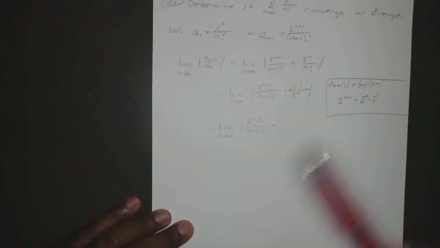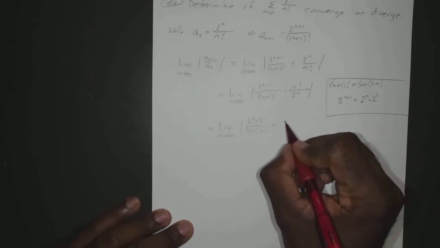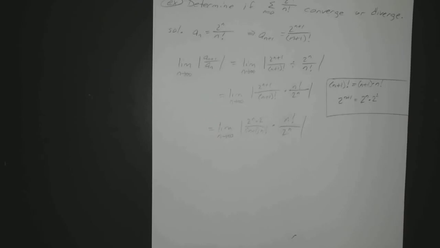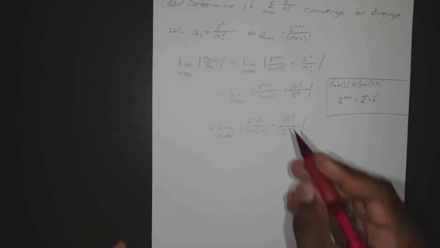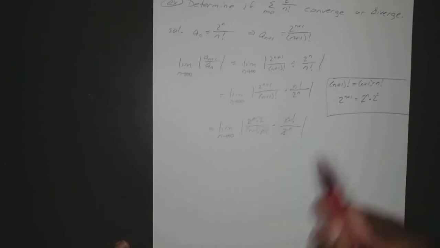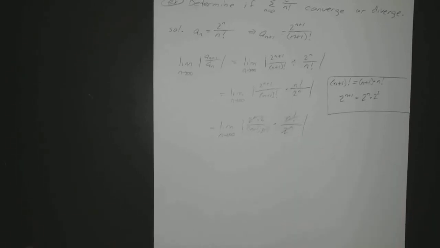Like I said, you always know when you didn't flip it right, because the minute you flip it correctly, the 2 to the n will cancel out, and the n factorial will cancel out. If nothing cancels out, you messed up somewhere.